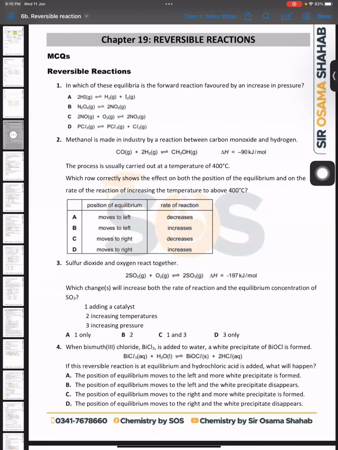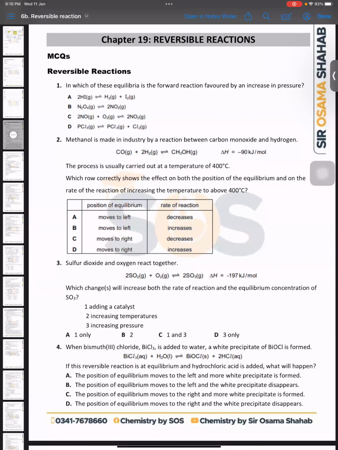So reversible reaction, right? In the first question, you can see this: in which of these equilibria is the forward reaction favored by an increase in pressure?